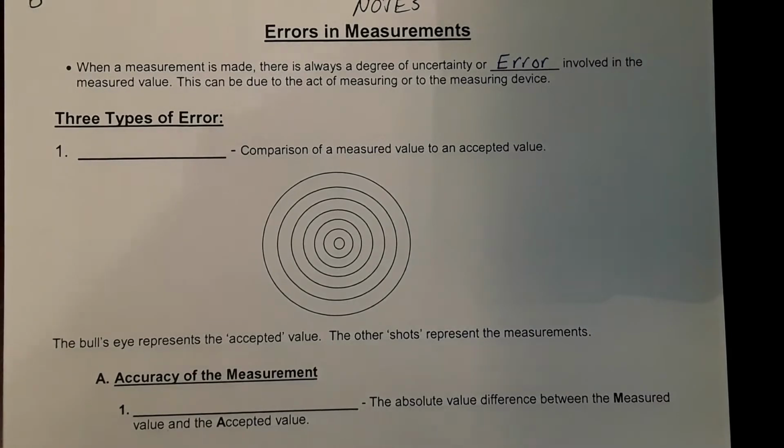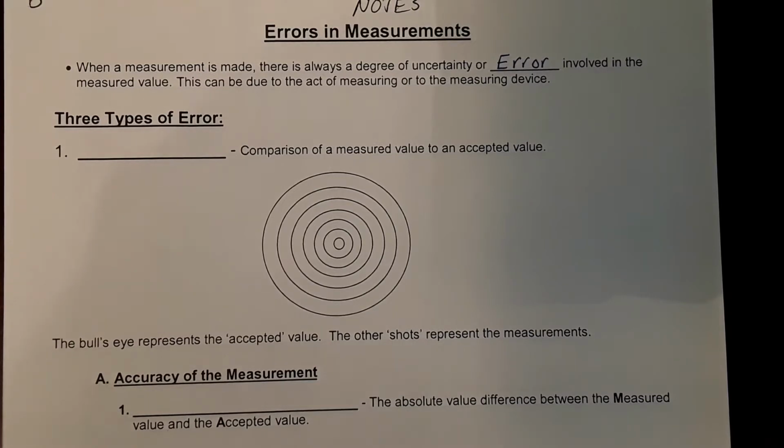And that error can come from different things, not necessarily just what you do in the act of measuring, but it can be the measuring device itself, the situation in which you're measuring. So we're going to be looking at error in our measurements.